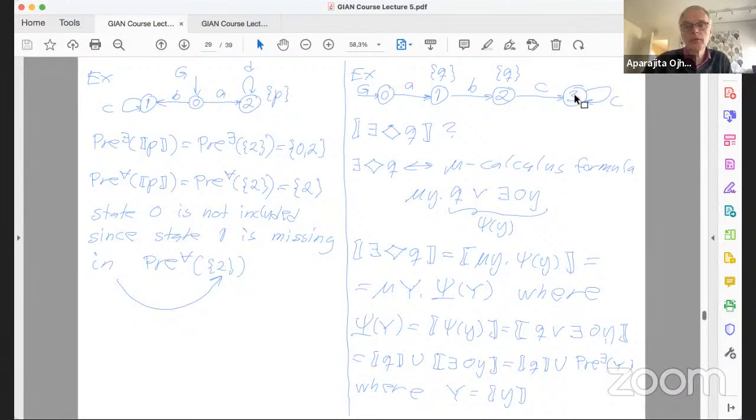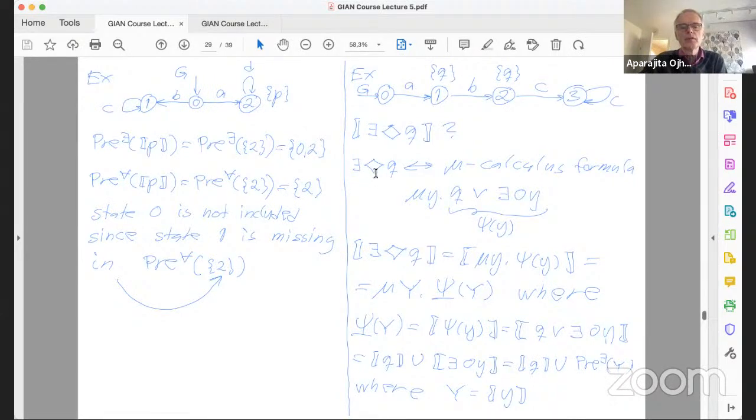In state 1, you already have a Q, and you also have a Q in the next state. But after this, there are no more Qs. So that means that if you're staying in state 3, you will not satisfy this.